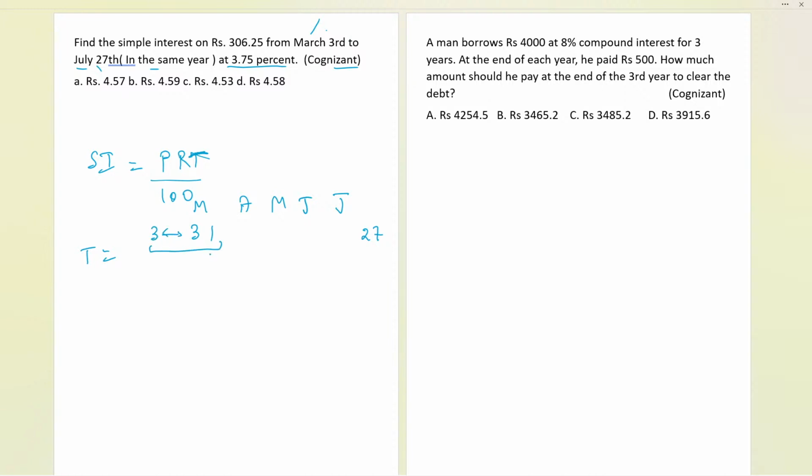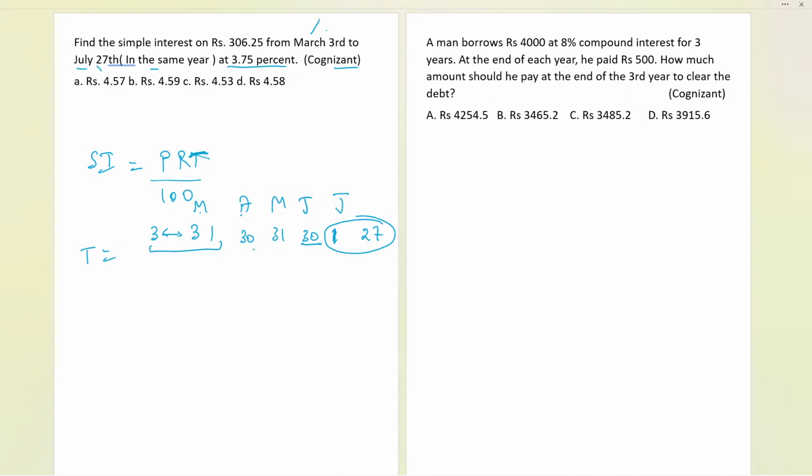This is the part we have to consider. Then in April we have 30 days. In May we have 31 days. Then for June we have 30 days. Then in July we have again 31 days, but we have to take only up to 27. So from 1 up to 27 we have to take.